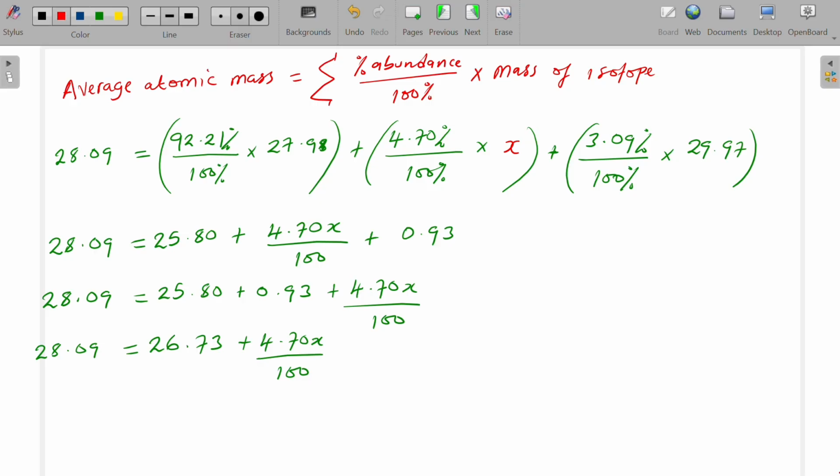So when we do that, we are going to have 28.09 minus, when this one comes to the other side, it's going to be negative, 26.73, like that. And this is still equal to, on the other side, we still have 4.70x, and this is divided by 100.